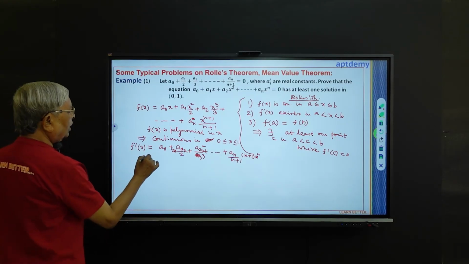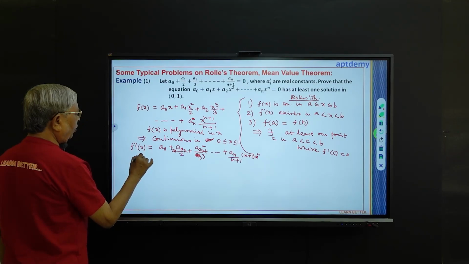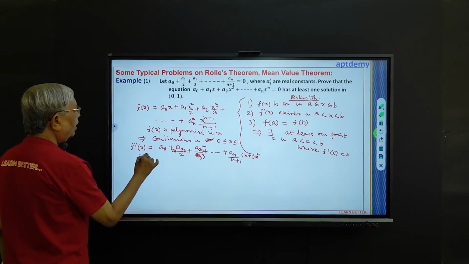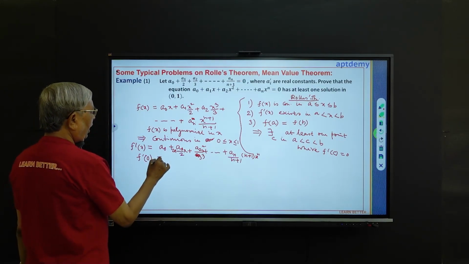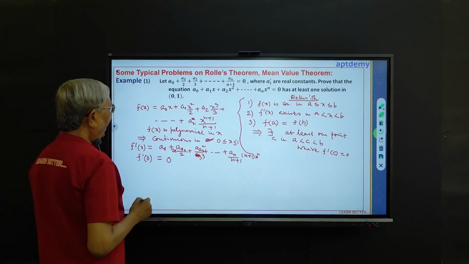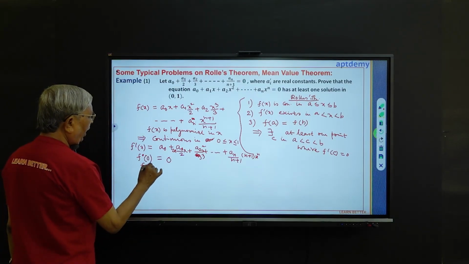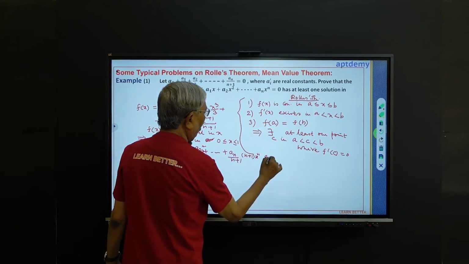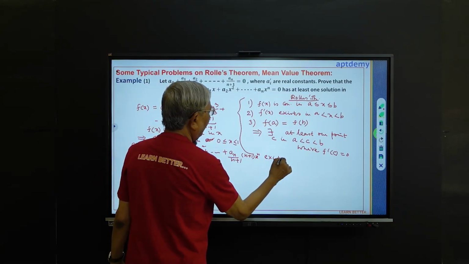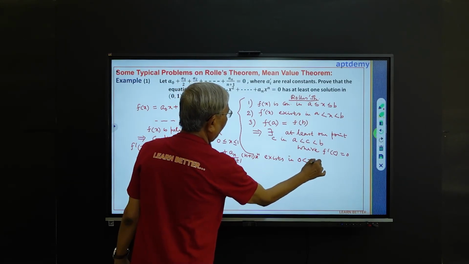So f dash x is a polynomial. You have seen that this derivative exists in the open interval 0 less than x less than 1.